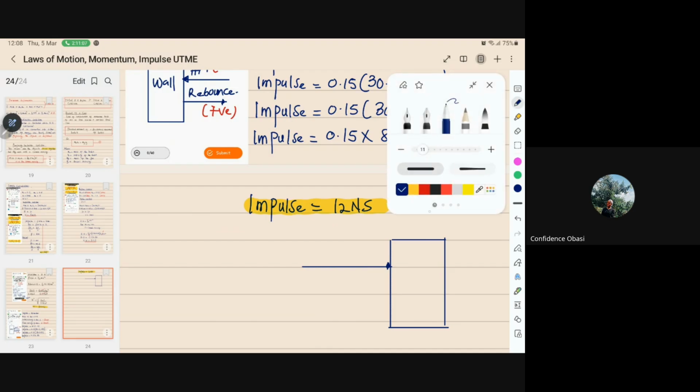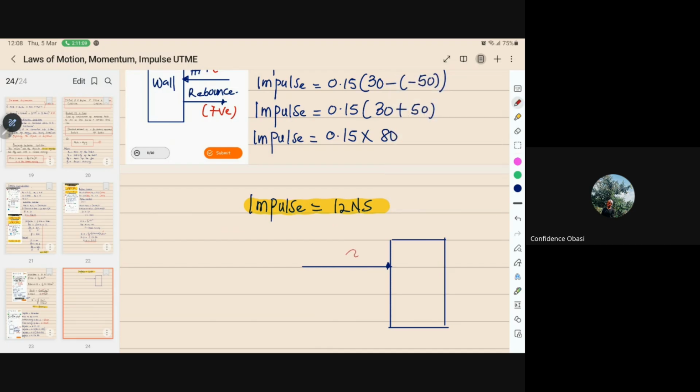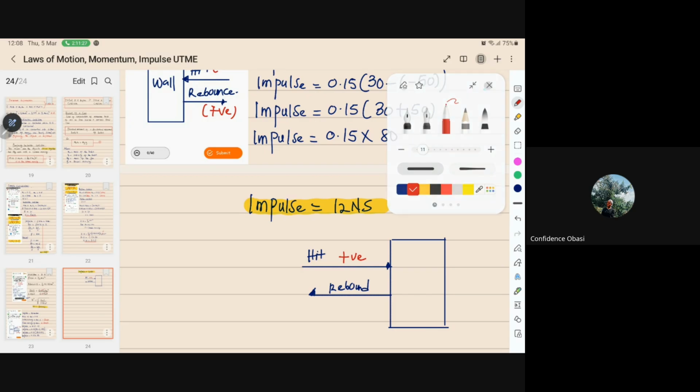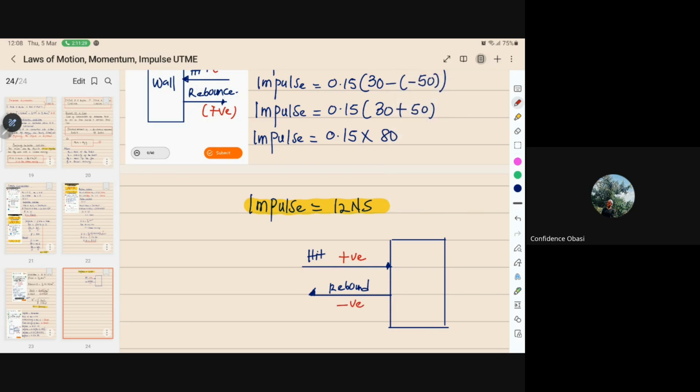Let's say I'm taking the hit to be positive, to the right. Then we have the rebound, and let this rebound be a negative value.